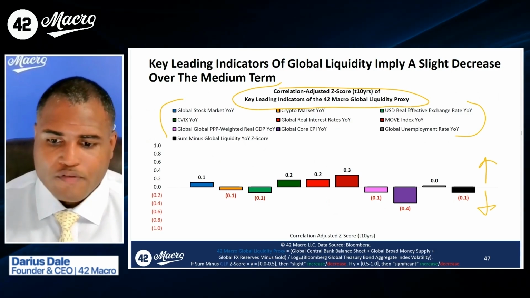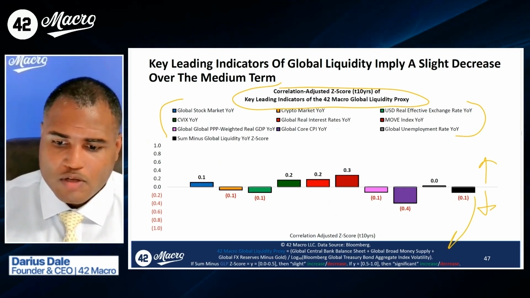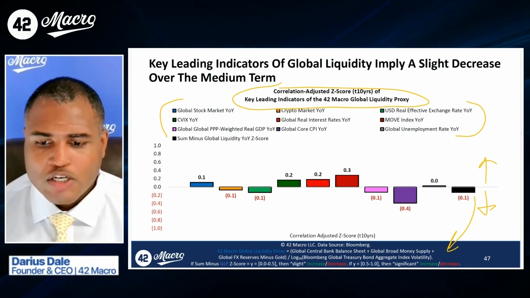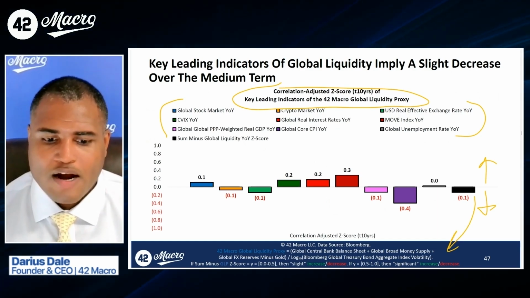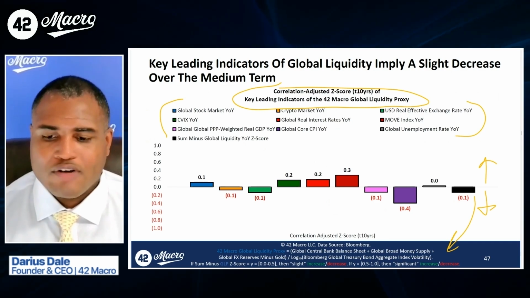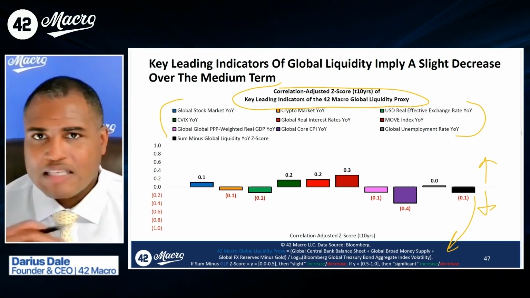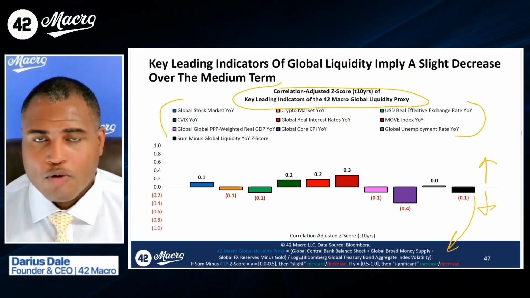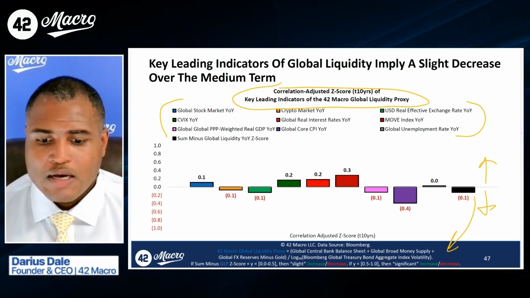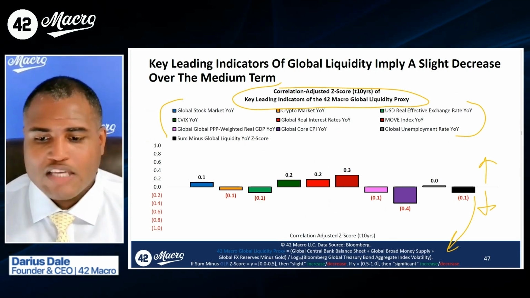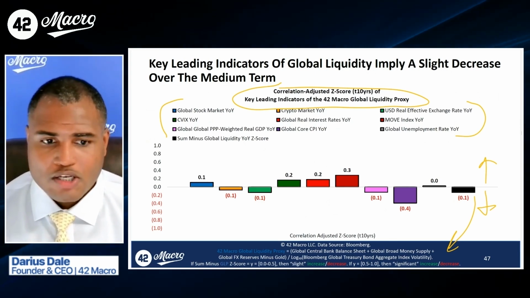And so in terms of how we derive that nomenclature for the qualitative assessment, if the sum minus the global liquidity proxy Z-score is in the area code of 0 to 0.5 on a Z-score basis, we'll say there's a slight increase or decrease. And if the sum minus the global liquidity proxy year-over-year Z-score is positive, or the absolute value is 0.5 to 1, then we'll say there's a significant increase or decrease over the medium term.